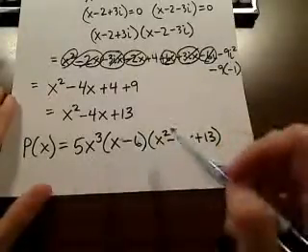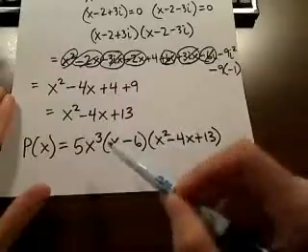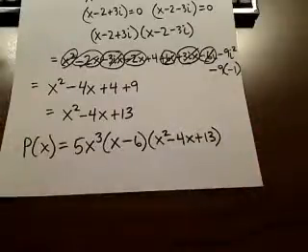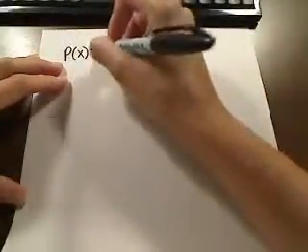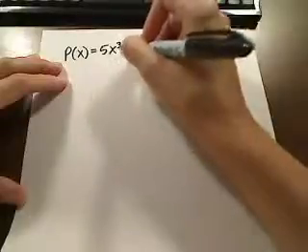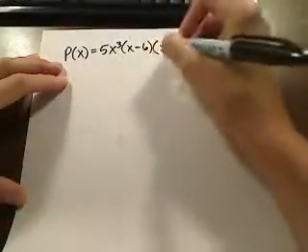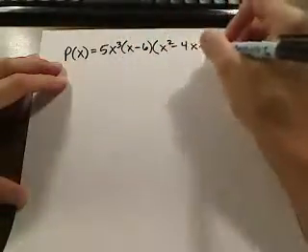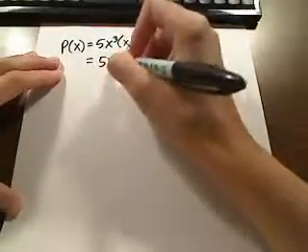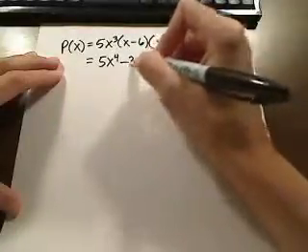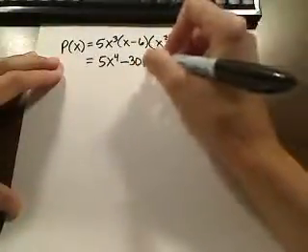They do want you to multiply this out, and so I'll go ahead and do that for you. So first thing is, we're going to take the 5x cubed and distribute, so we get 5x to the 4th, and then minus 30x to the 3rd.